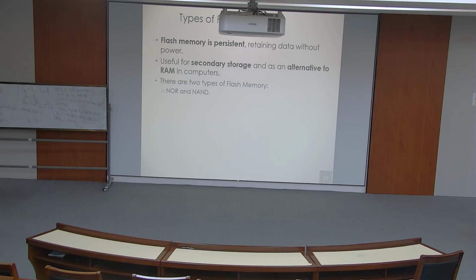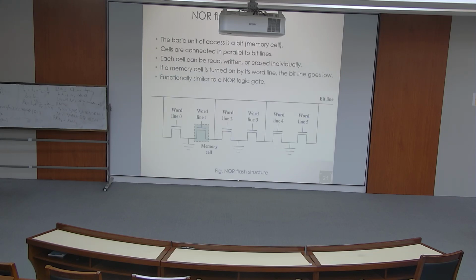So this is one of the external memory systems which can help users to store the data permanently. So there are two types of the flash memory, NOR and NAND. This is very important to know that in the NOR flash memory, each cell can be read or written to or erased individually.